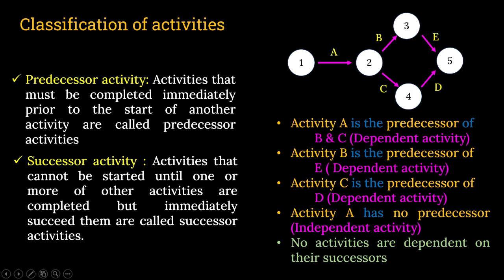But B and C in this network are very much dependent on A. A is not dependent on B and C. C is not dependent on D. D is the successor of C. So C is not dependent on its successor, that is D, whereas D is dependent on its predecessor, that is C. Clear?